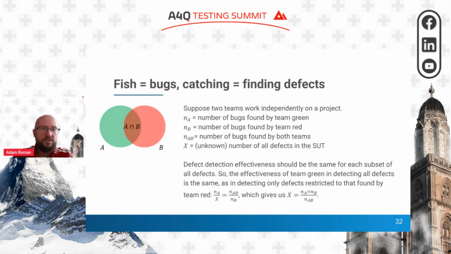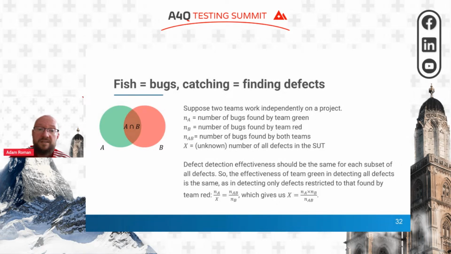This approach can be used in software teams where there are 2 independent teams which work on some project. Each of them detects some number of bugs in the code. There is some set of common bugs that are found by both teams, and based on this result, we can infer the number of unknown defects which remain in the system under test.